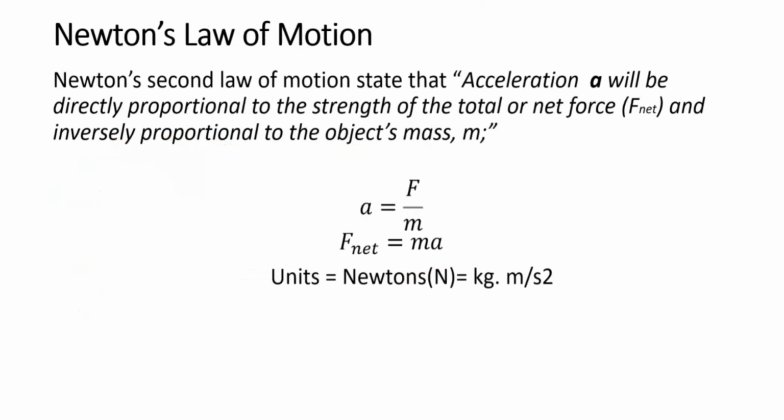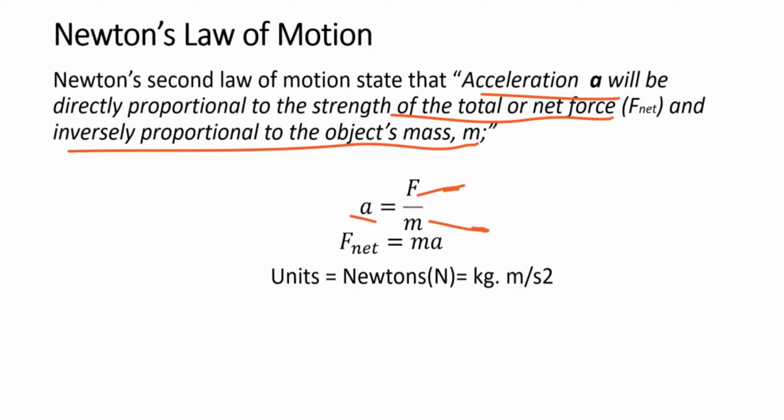Newton's second law of motion states that acceleration A will be directly proportional to the strength of the total or net force and inversely proportional to the mass m. So acceleration A is directly proportional to the force and inversely proportional to the mass.